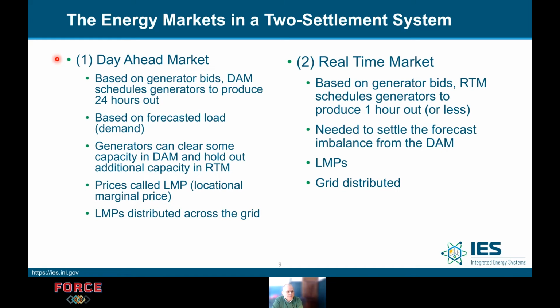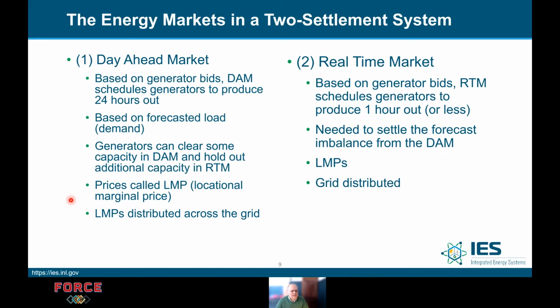And the grid operator and the market operator at the level of the regional transmission authority, which is this map right there, the grid operator receives those bids and they have a projection of demand. And so they allocate, or in other words, they schedule generators to operate 24 hours out from now.